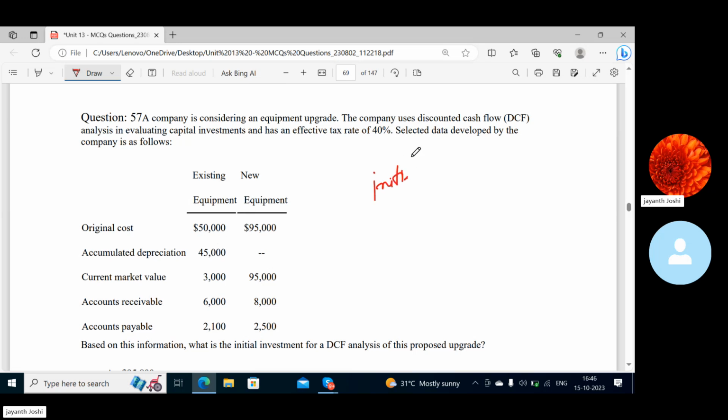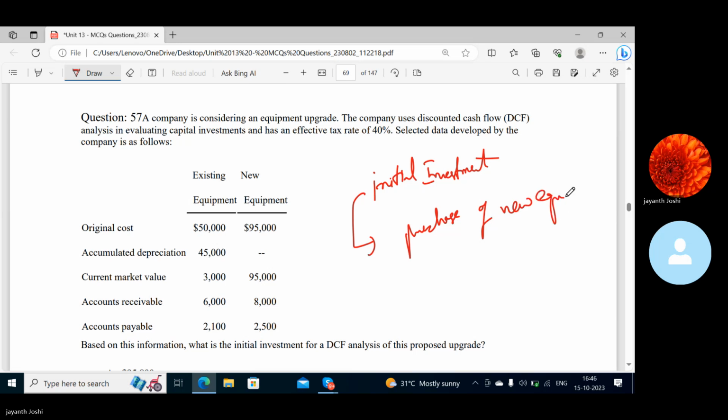Initial investment has three components. The first component is the purchase of new equipment. Second, increase in working capital.